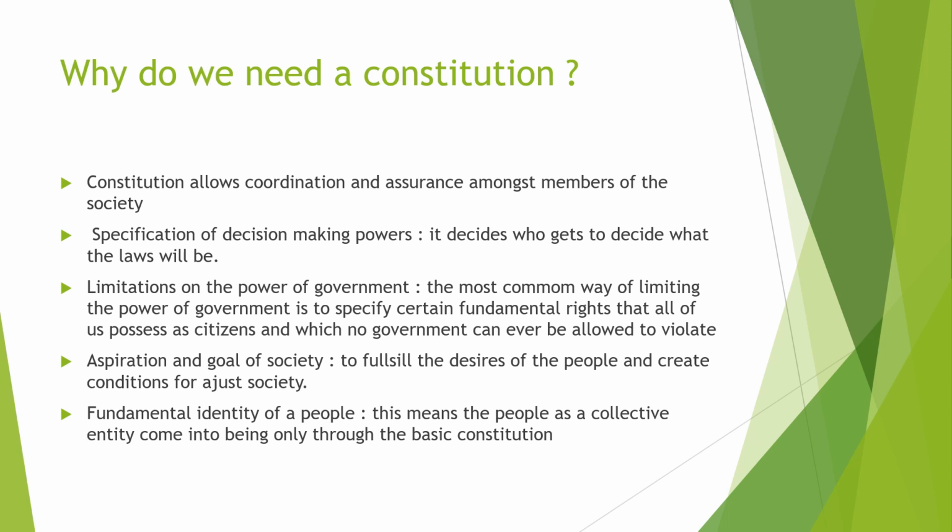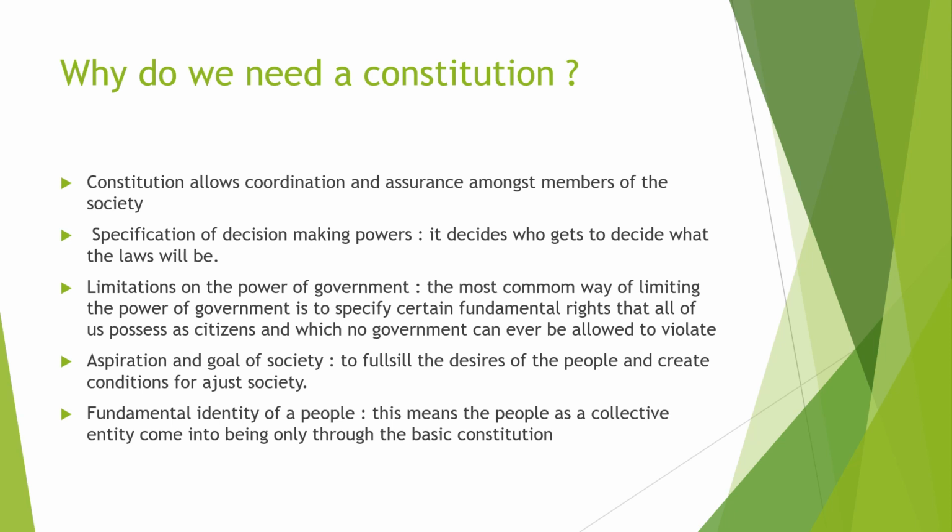Our second point is specification of decision-making powers. Our constitution allows us to specify decision-making powers. It helps to govern the country and sets some fundamental principles. It performs the function of allocating the powers.